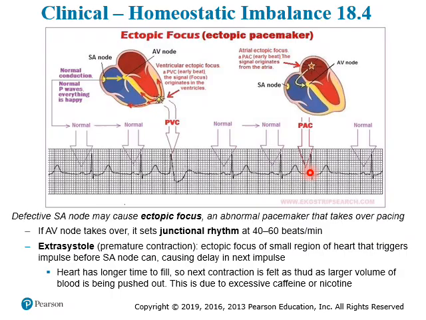At this point, if you have an ectopic focus, the heart has a longer time to fill, so the next contraction is felt as a thud, and a larger volume of blood is pushed out. This is probably due to excessive caffeine or nicotine, and it is known now that ectopic focus is caused by caffeine or nicotine accumulation in the heart muscle.